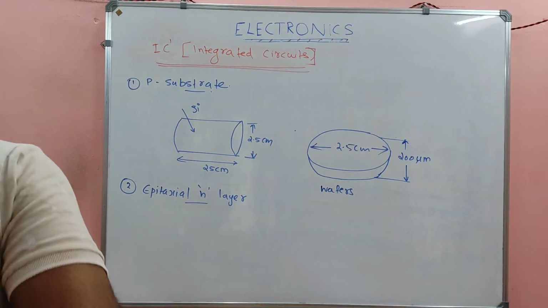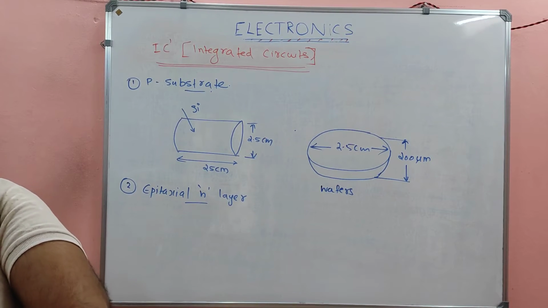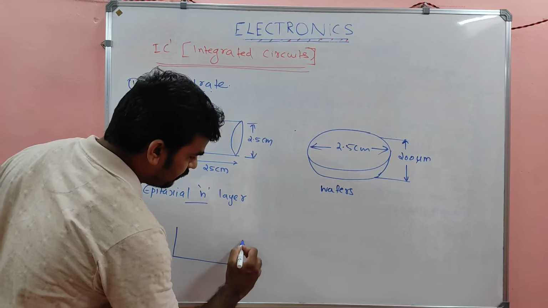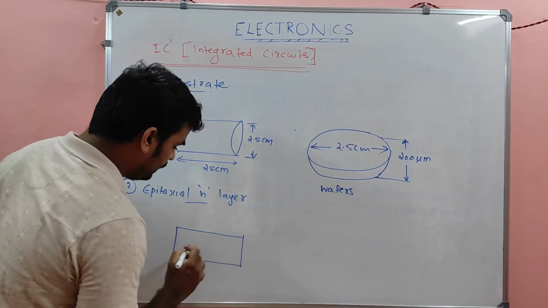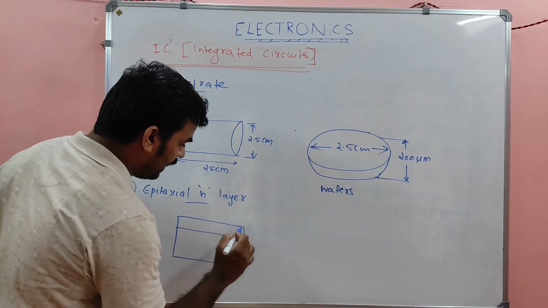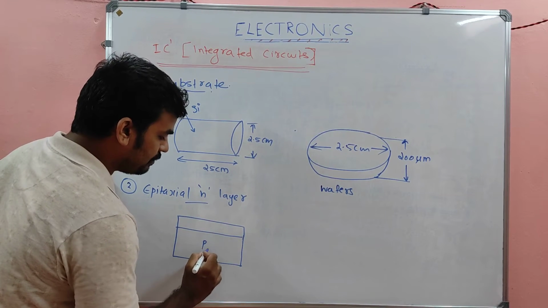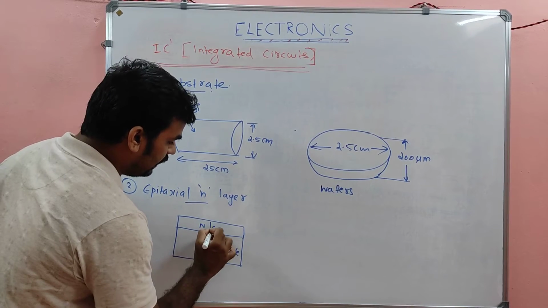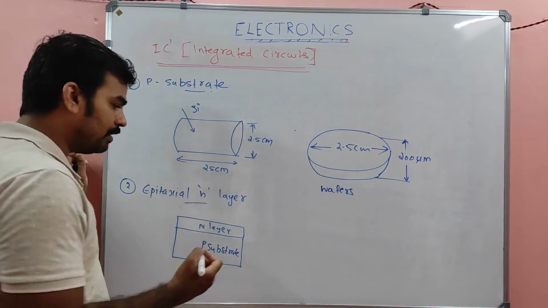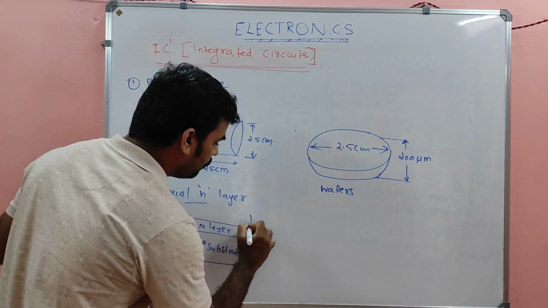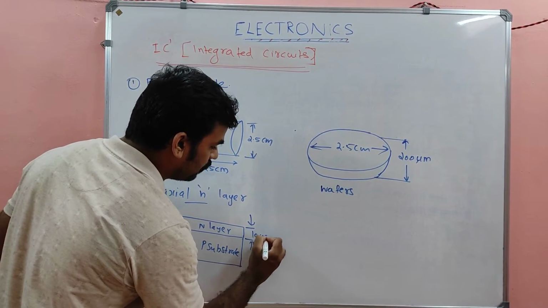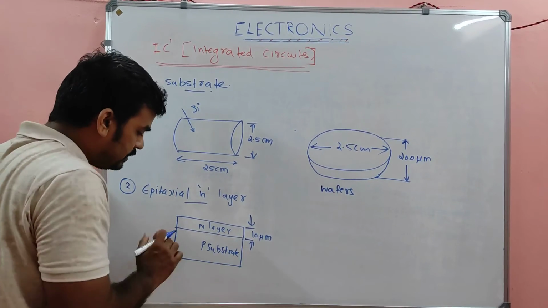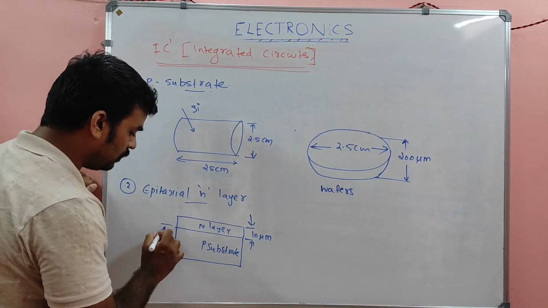Over this P substrate, you have to add an N layer. That is, you have to add an N-type material having a thickness of nearly 10 micrometer. The substrate thickness, as we said, is 200 micrometer.